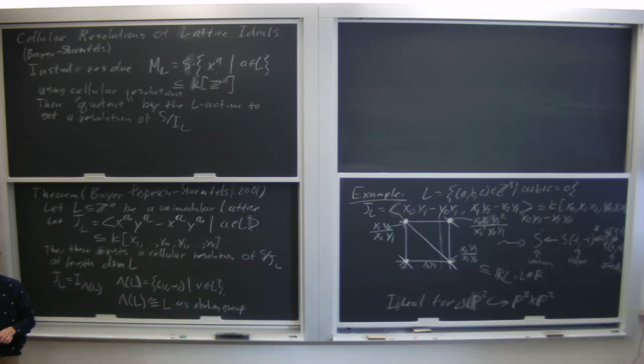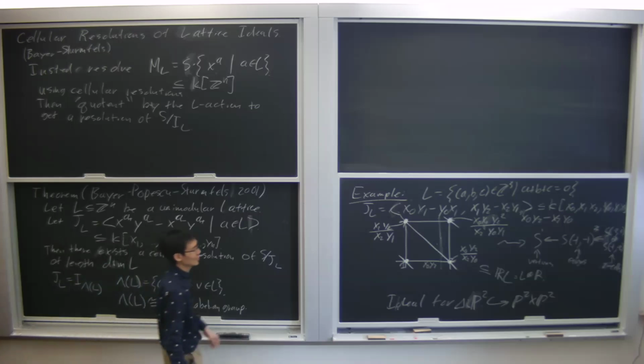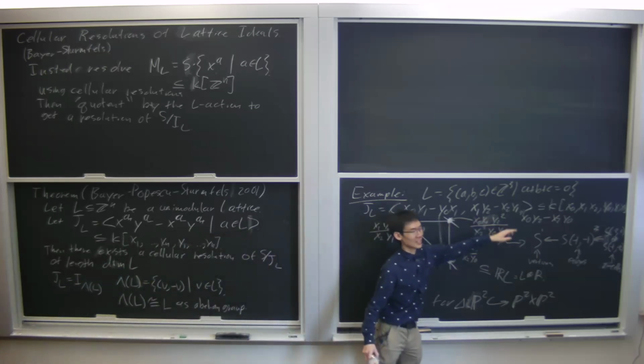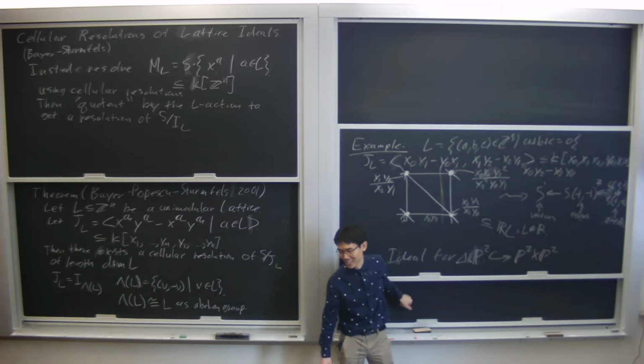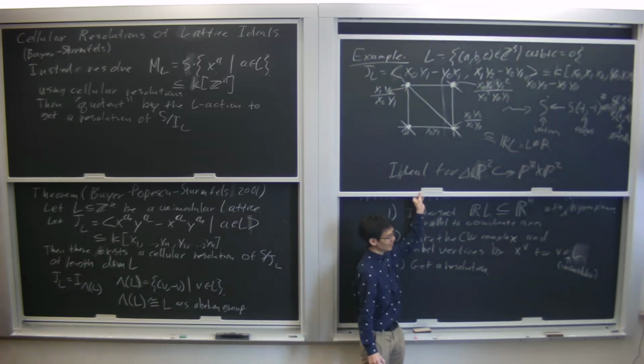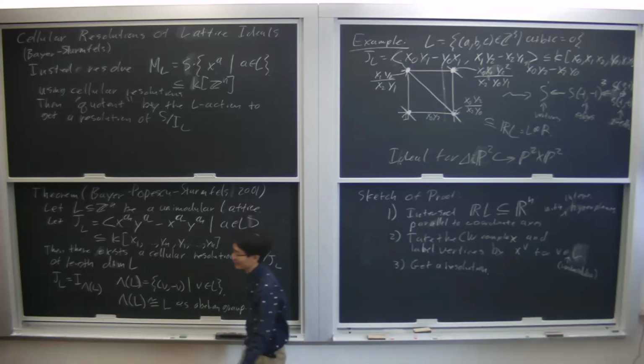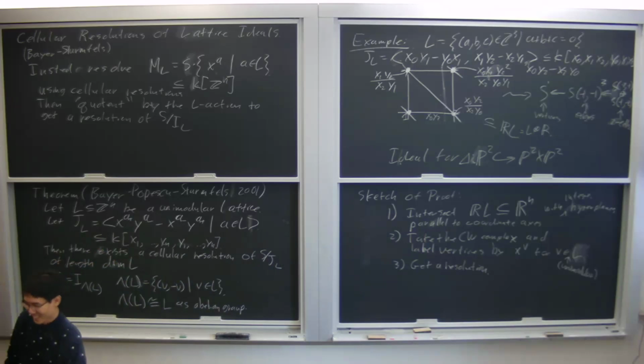Was there a question? In this case, I'm getting data from lattice spaces. It's like 1, minus 1, 0, 0. I mean, this is a lattice basis too. It's just that it's not in general enough to do a lattice basis. And that's why I was like, oh, maybe it's a complete intersection, then I don't have to worry about it.